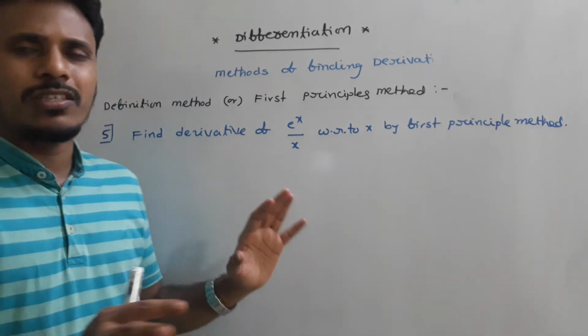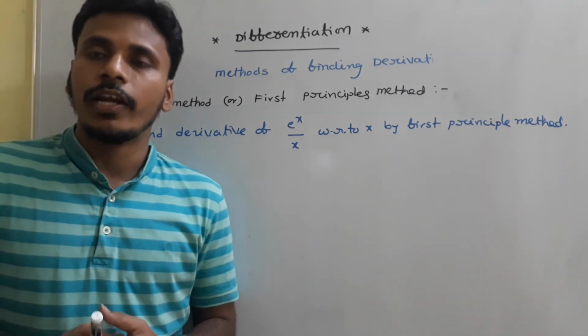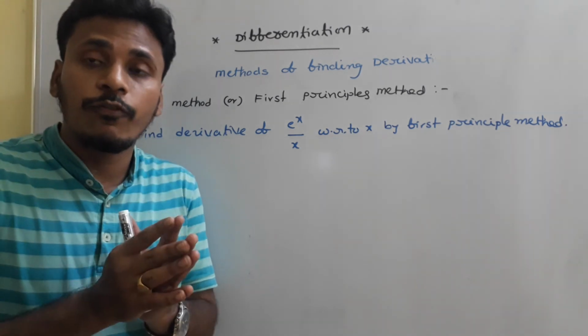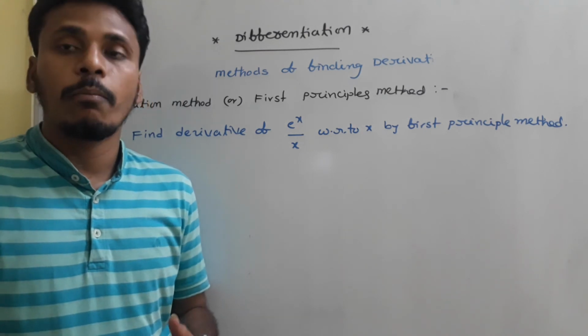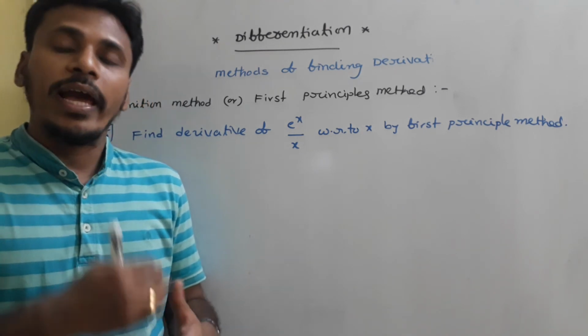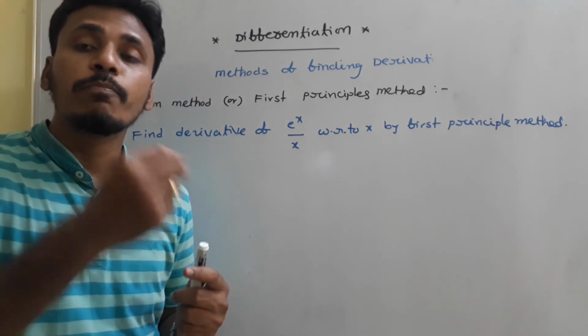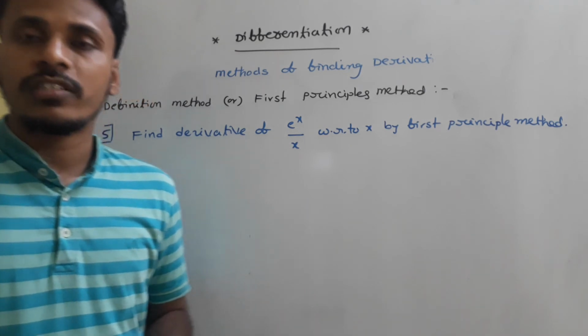Actually e power x by x is not a standard function, but we can find its derivative using the first principle method. The first principle method is helpful in finding derivatives for any function, but it is a bit complicated. To avoid that complication and simplify finding derivatives, we use derivatives of standard functions.